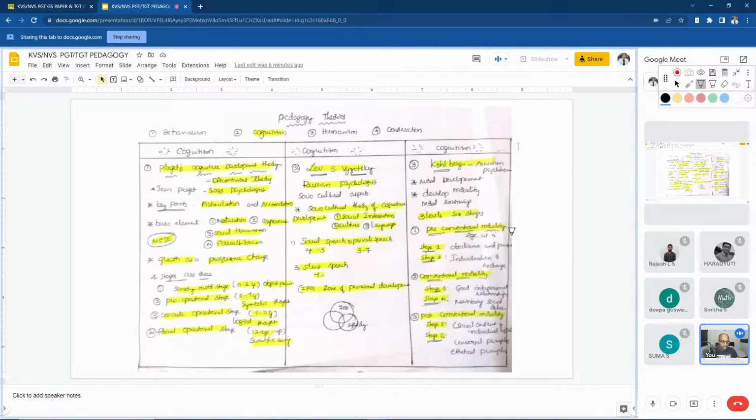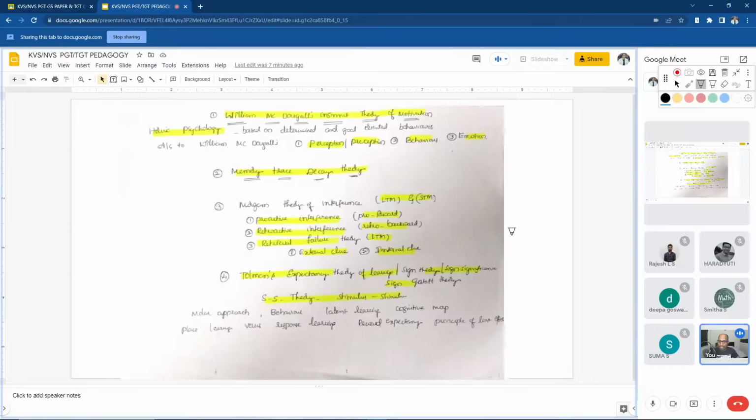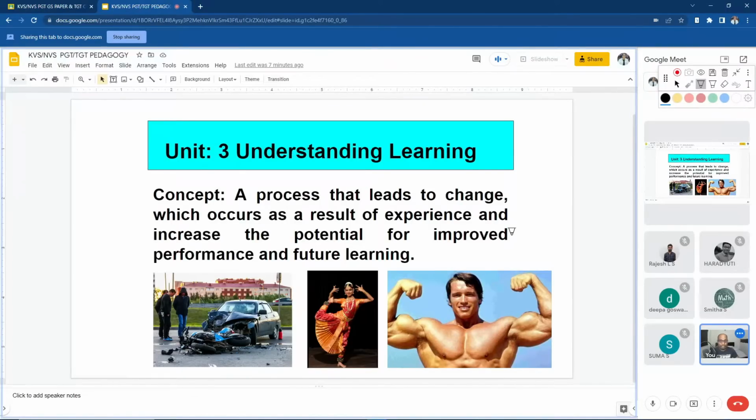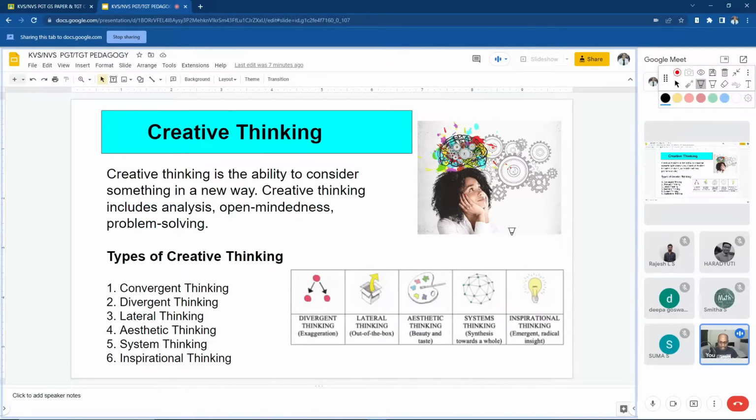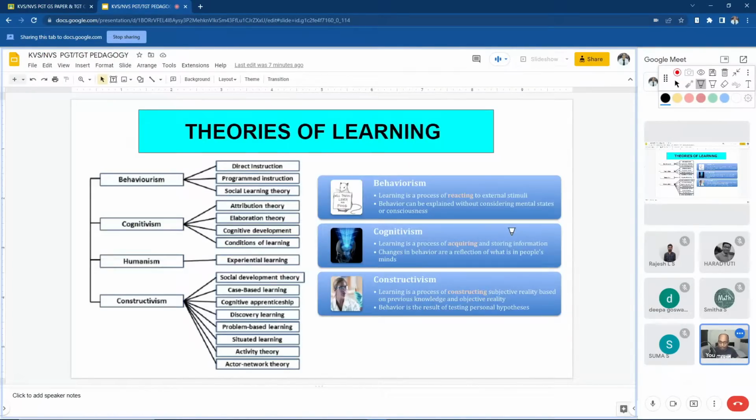Then yesterday Rajesh sir shared the theories, which were already completed, divided under cognitivism, constructivism, and behaviorism. We also completed the introduction about the theories, Piaget, Kohlberg, all those things. I am not going to reteach, but these slides help you revise the entire syllabus, so I am going to go through them quickly.